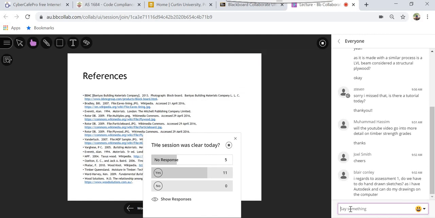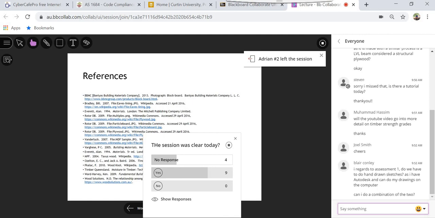There are no limitations as long as the answer is correct. Hand drawings are totally acceptable, but you are free to use computer aided design. Sure, you can combine too.